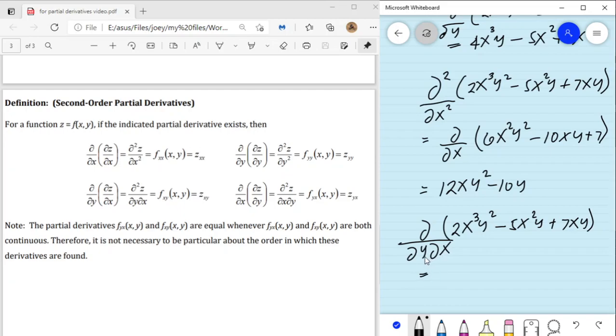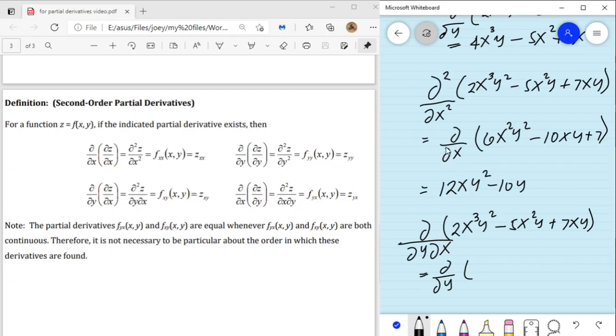Meaning, this will be the partial derivative with respect to y of the partial derivative with respect to x. So, we can write this as the partial derivative with respect to y of the partial derivative of the expression with respect to x.